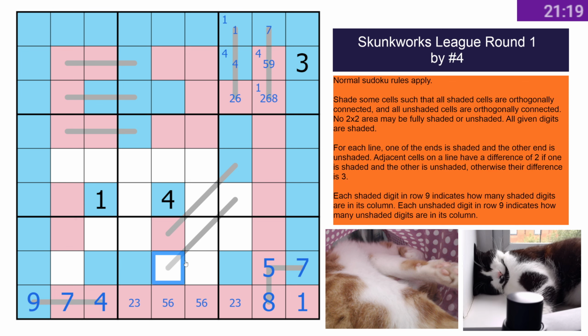So pink here. Is there more Sudoku? So 1, 4, 7. 1, 4, 2 or 6 there. It doesn't feel like it.